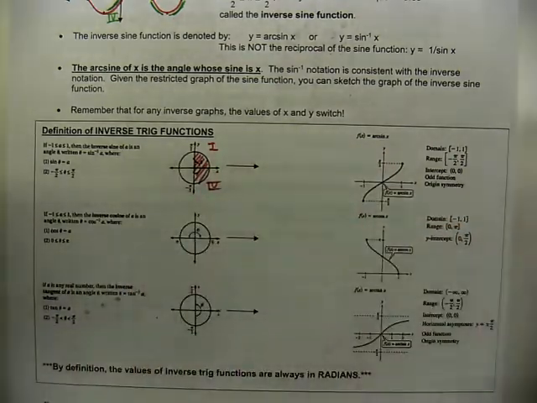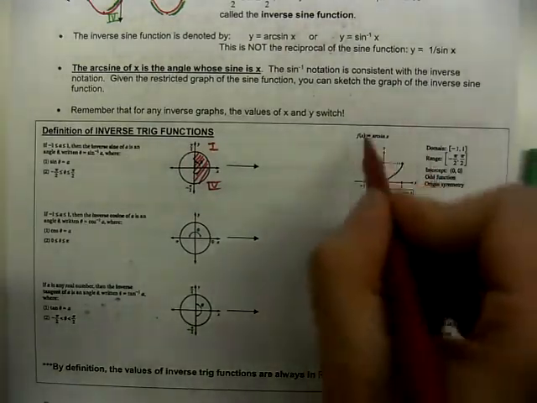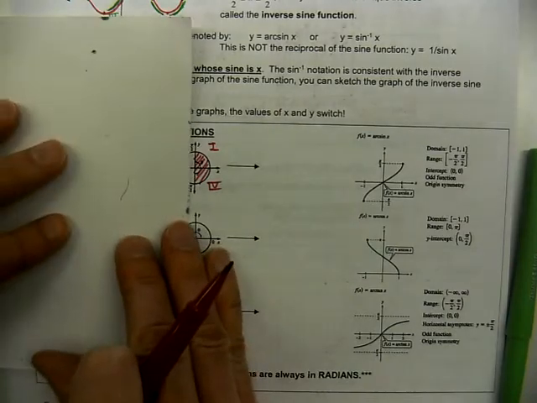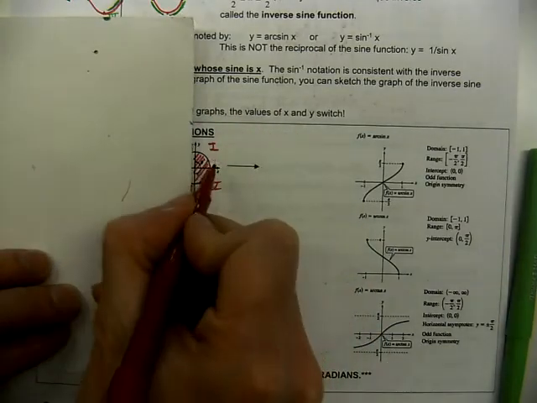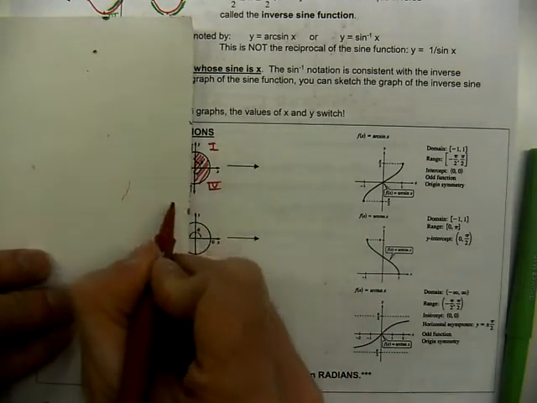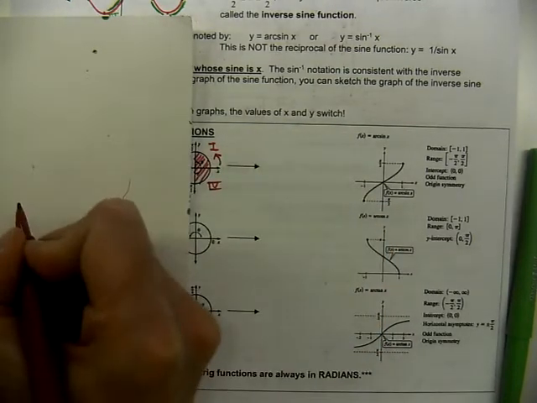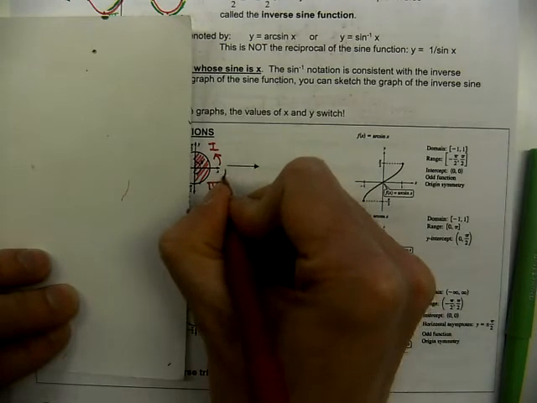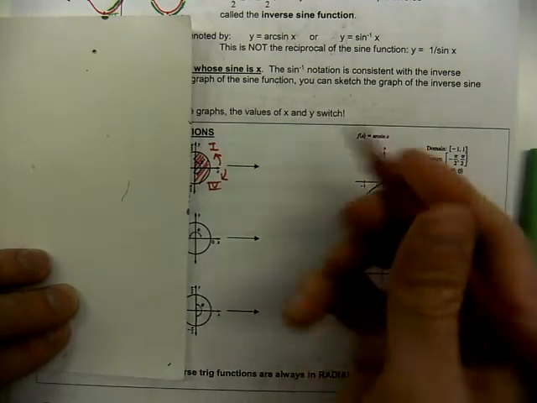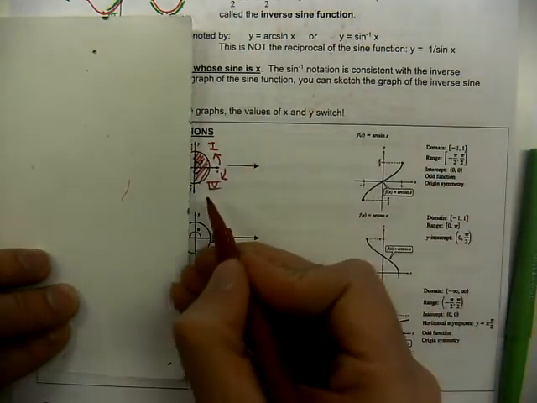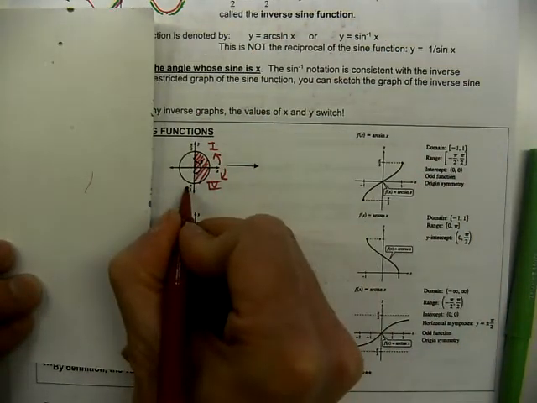Quadrants 2 and 3 don't exist anymore. We've thrown them out because we removed the part of the graph from which they came. What that means for us practically is that we cannot rotate through quadrants that don't exist. I can only rotate counterclockwise into quadrant 1 or clockwise down into quadrant 4, which means we're going up to positive pi over 2 or we're going down to negative pi over 2.